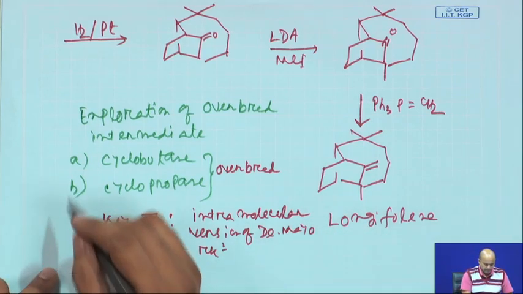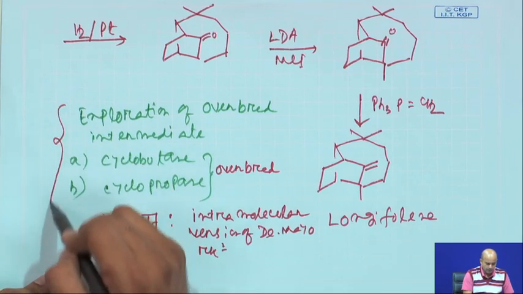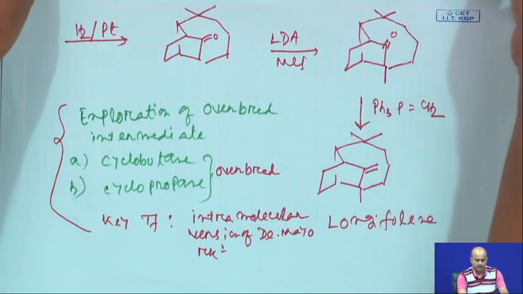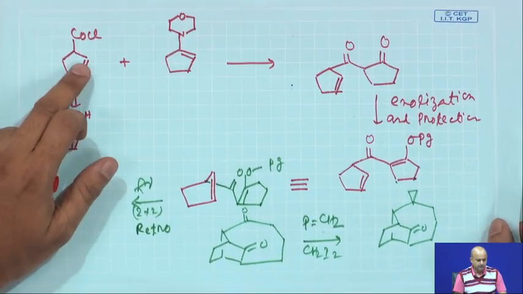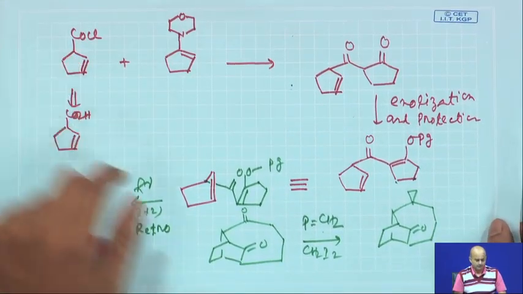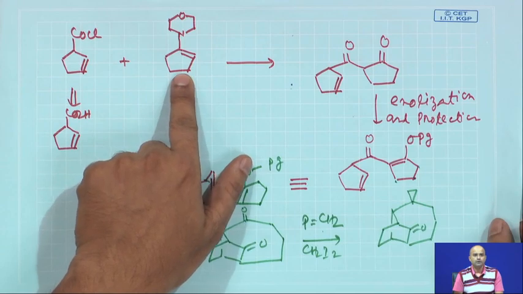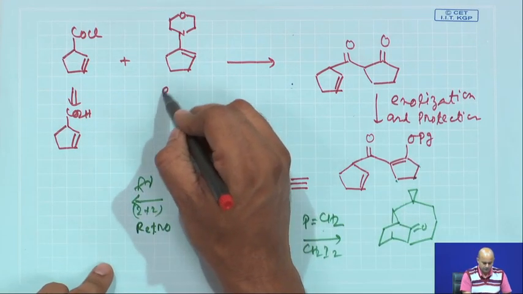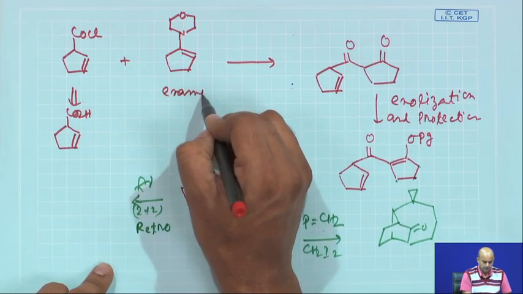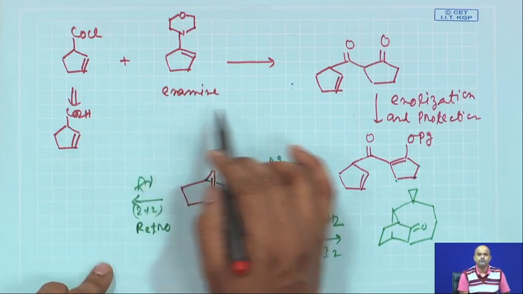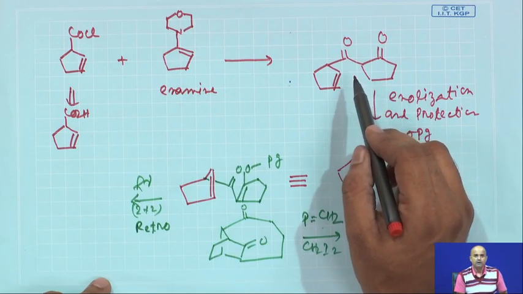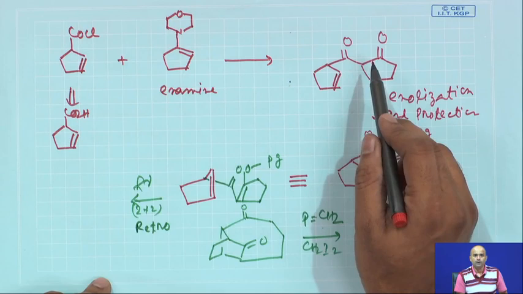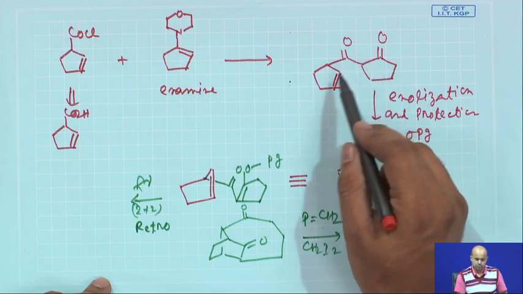So, now the entire pathway you can formulate, starting from very simple starting materials like this acyl chloride and this cyclopentanone based enamine. They react in a simple straightforward fashion to give you this 1,3-dicarbonyl compound. Now, this dicarbonyl compound enolization is very fast.